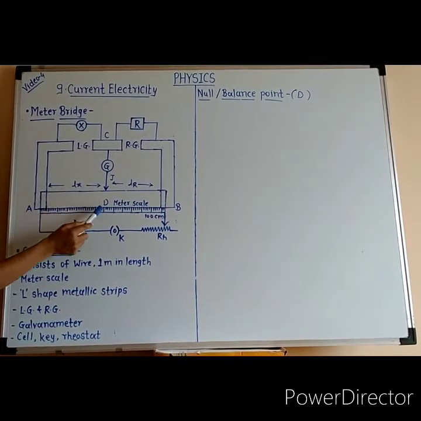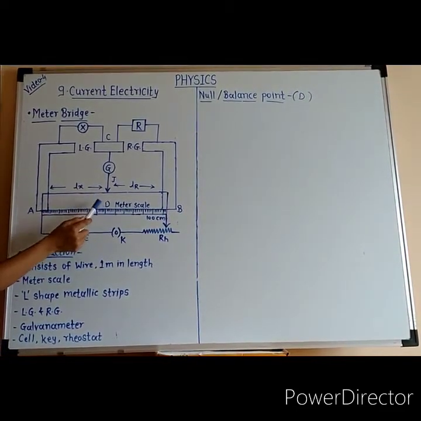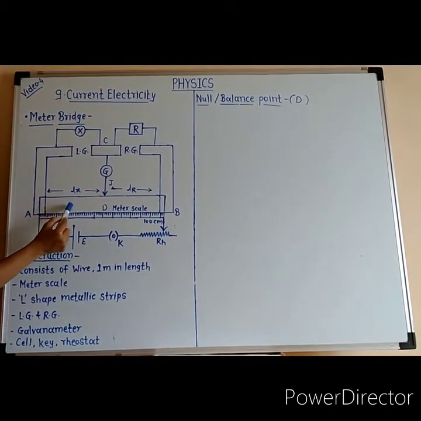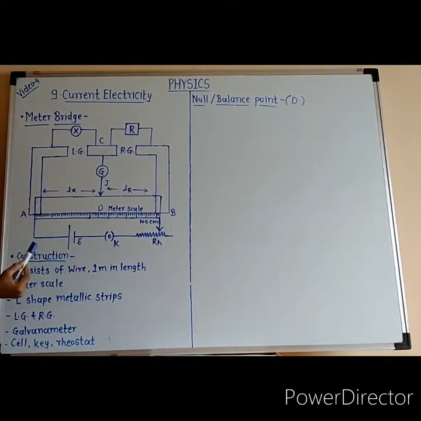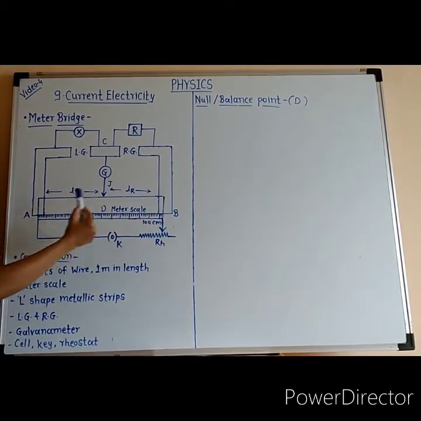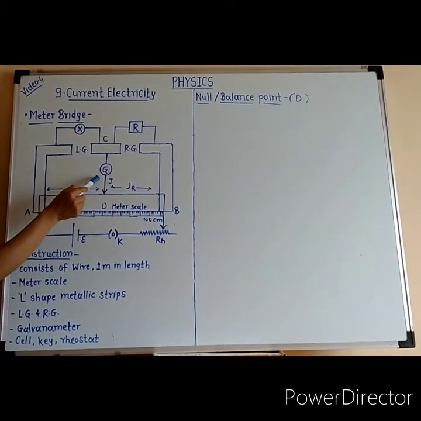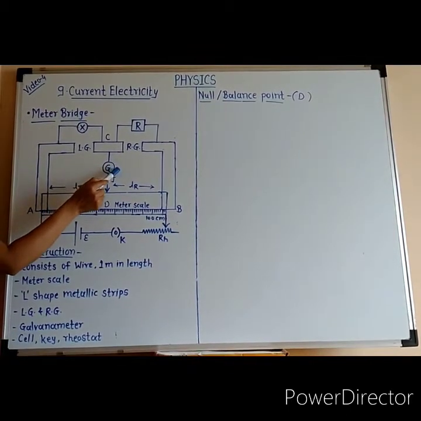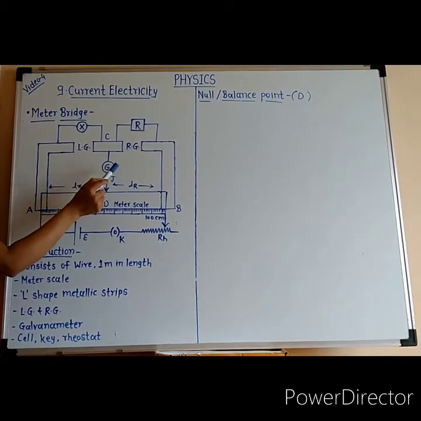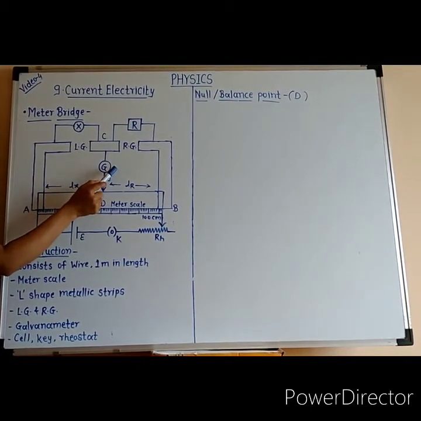Now, what is meant by the null point or the balance point? When the jockey is brought in contact with this wire, at that point the galvanometer shows no deflection. It means it remains at a constant value.